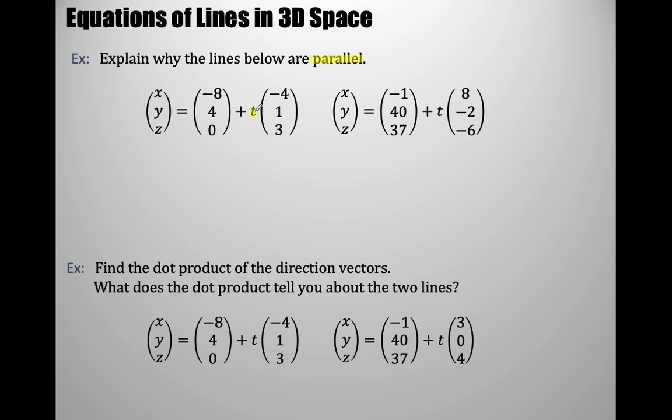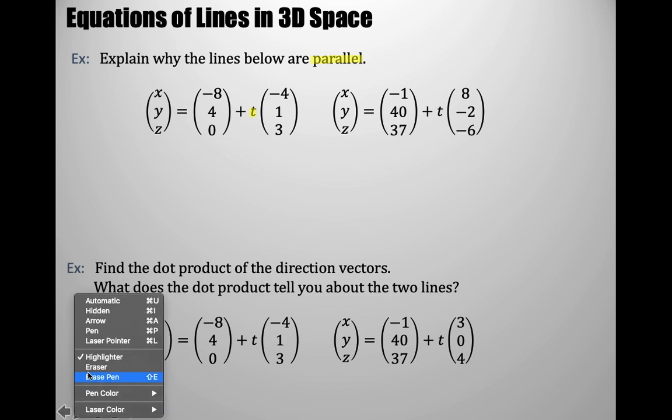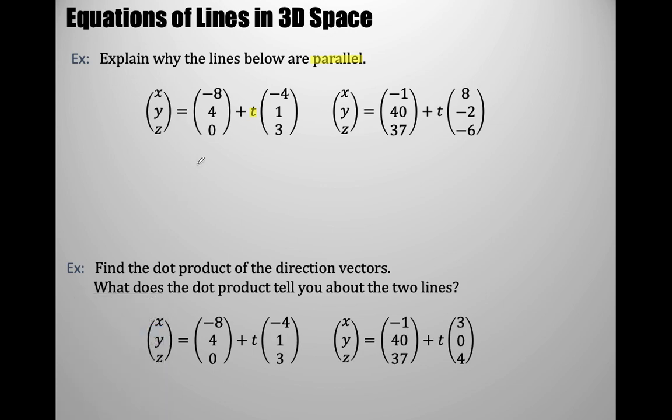Here is your t. So this is your point, and this is your direction vector. So why is line 1 parallel to line 2? What must be true?